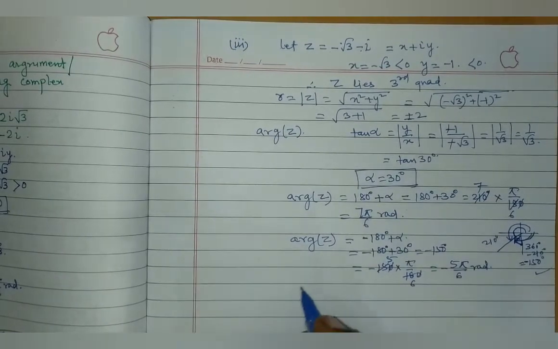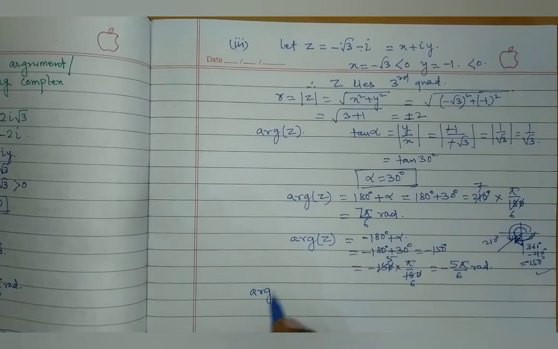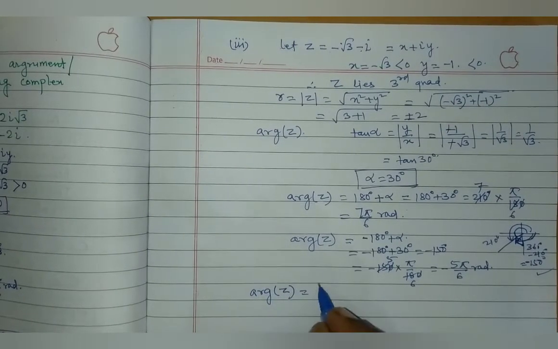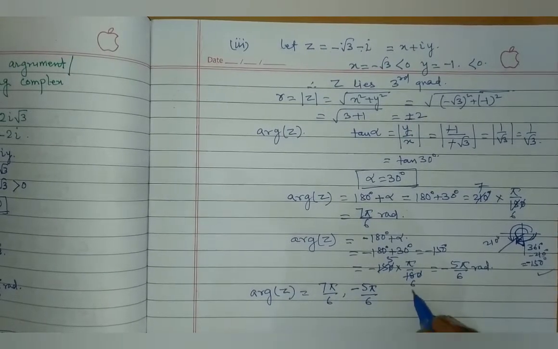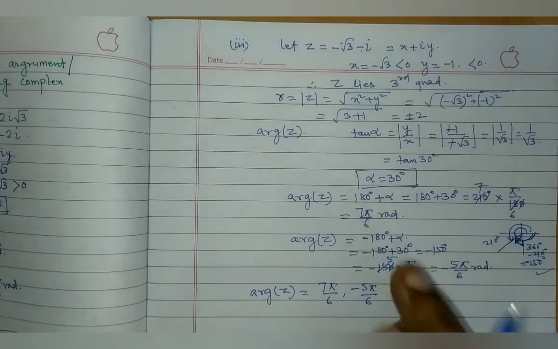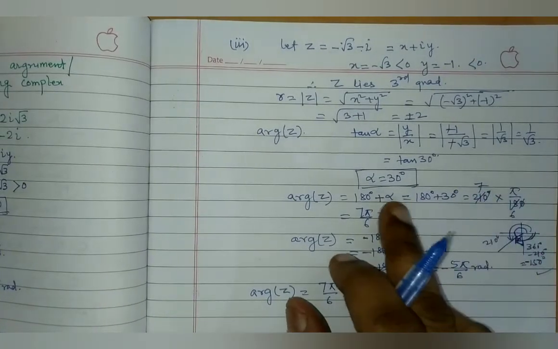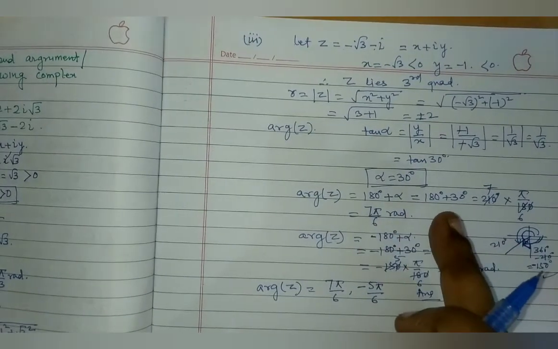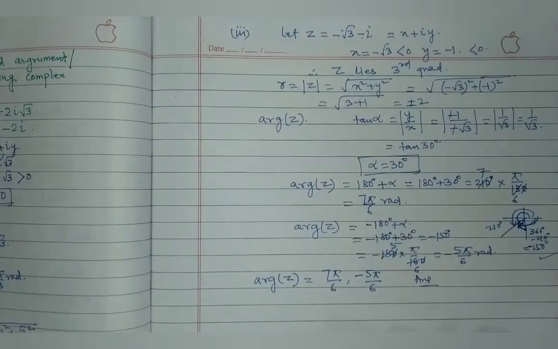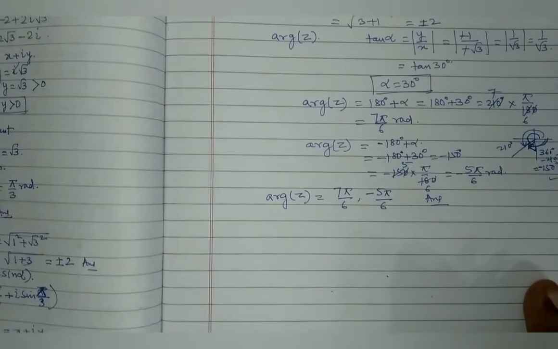So the argument of z is 7 pi by 6 and the second is minus 5 pi by 6. These are the two answers. If the complex number lies in the third quadrant, we get two arguments. So now we are coming to the next question.